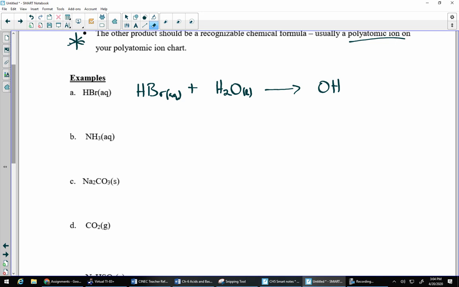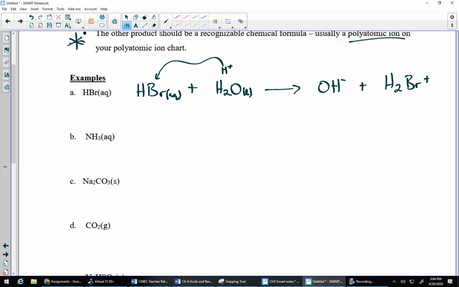So I could do OH negative, right? And then if one of those two hydrogens goes from the H2O over to here, remember the hydrogen is going to carry a positive charge. It's going to form H2Br plus. Okay, now let's check and see if we've done this right.